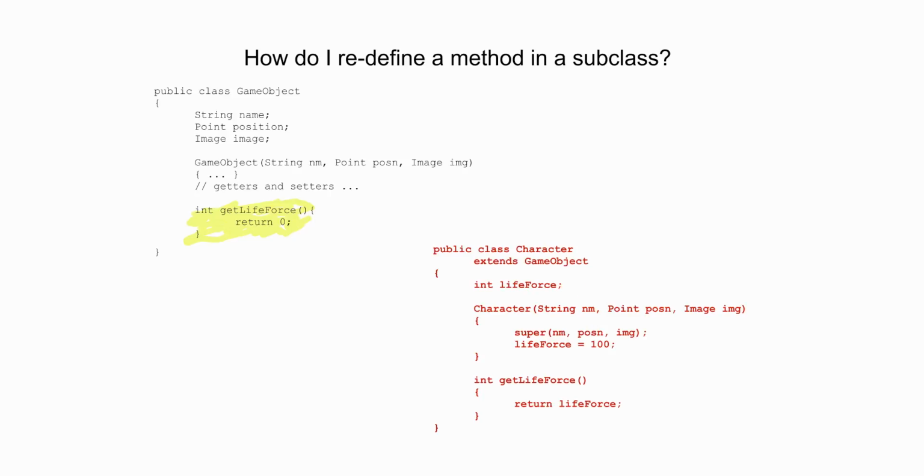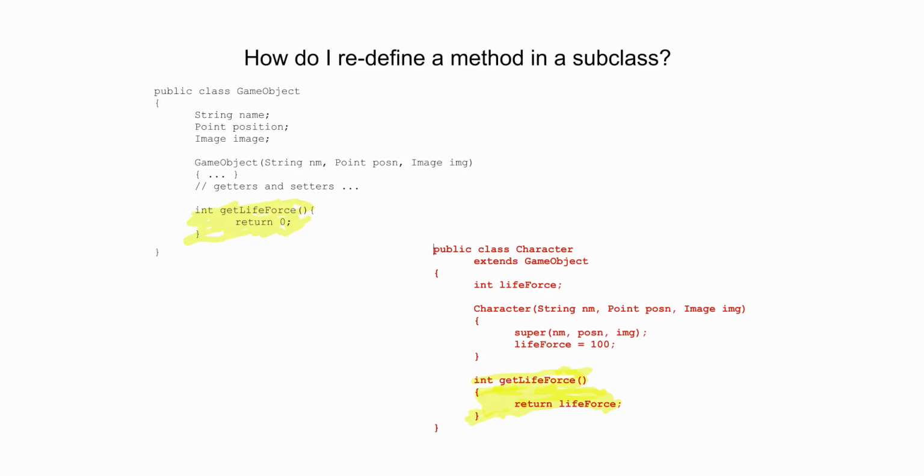And if you take a look, it has the same method down here called get life force, and it returns the value of the variable rather than returning 0 as it did up there. So by providing a different implementation of this, we provide the subclass a different way to handle this than the parent class, and they really are doing the same thing. They're getting the life force which is appropriate for that particular type of object.